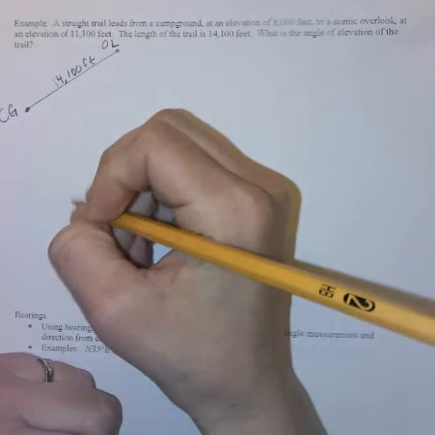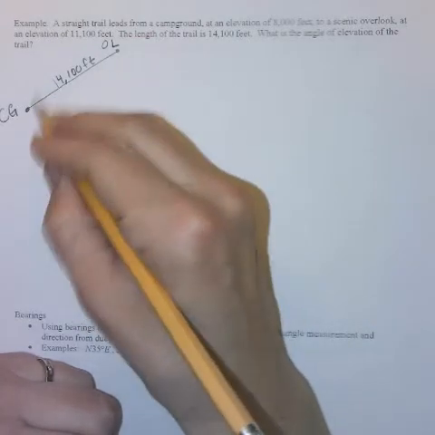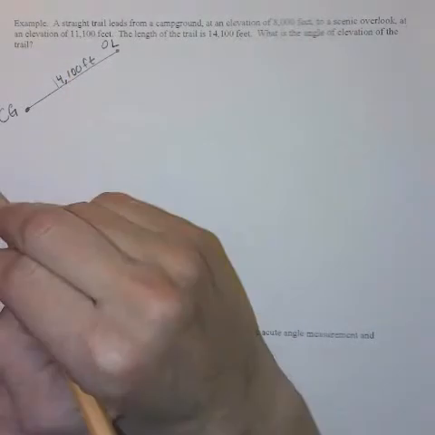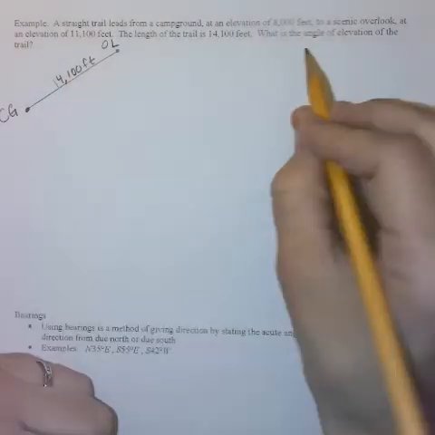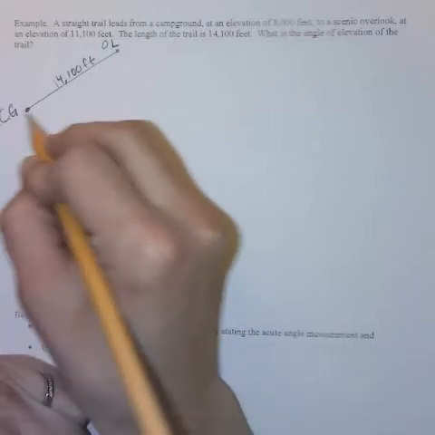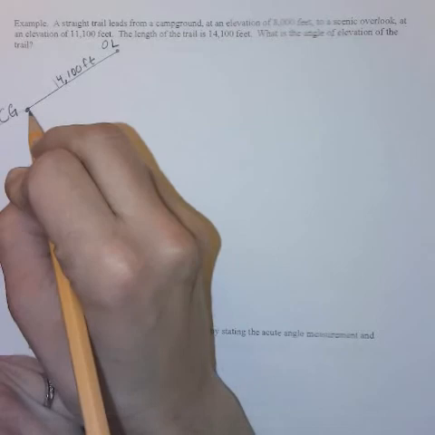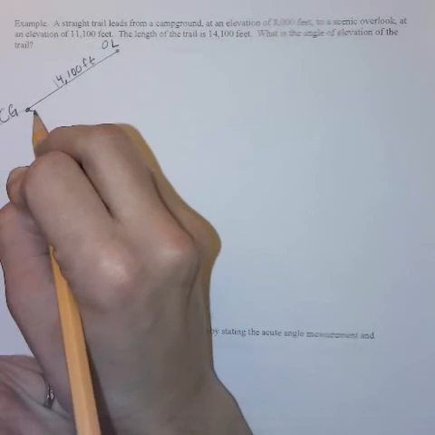Of course, we're assuming that's relatively flat, not up, down, just to make the problem simple. And so there's probably a hill back here also, but this elevation is 8,000 feet.